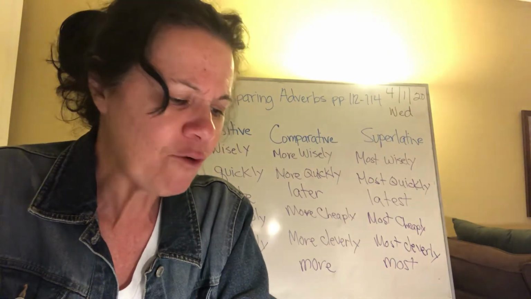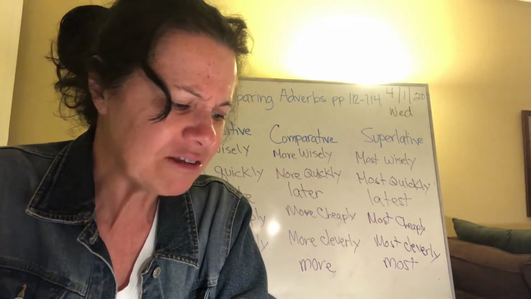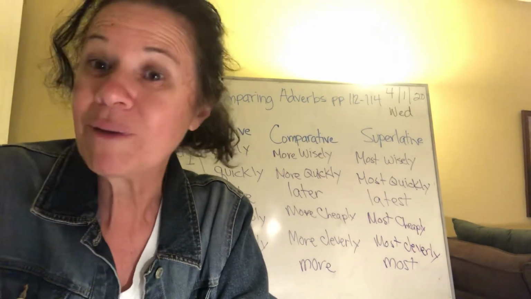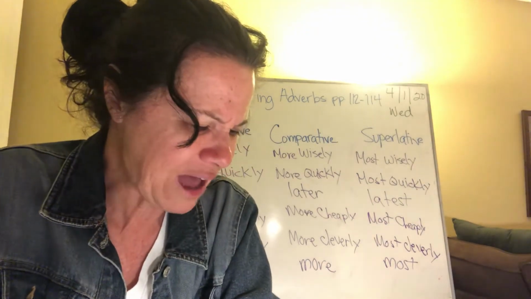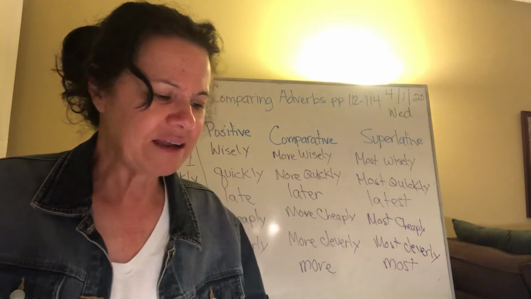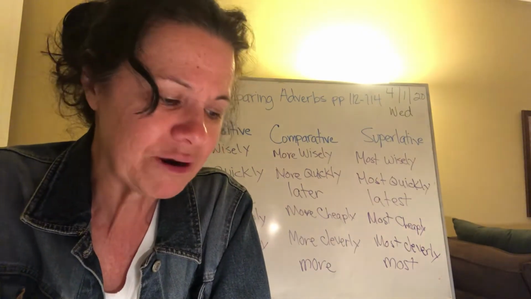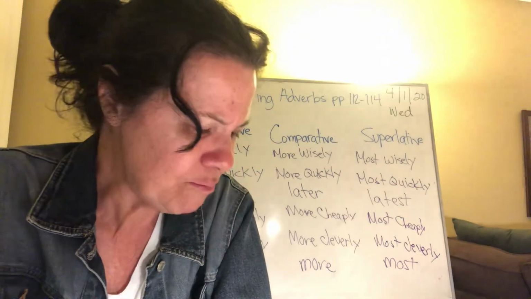Put an I for incorrect if the sentence is incorrect, and prepare to tell your teacher how to make it right. You don't have to worry about that. You can talk to your parents about it, but unfortunately I'm not with you to do that. So if it is correct, you put a C next to it. If it's incorrect, you put an I, and you would make it correct right in your book.